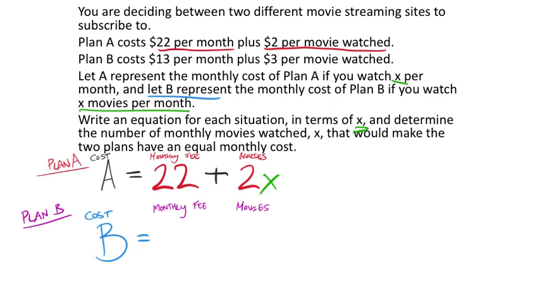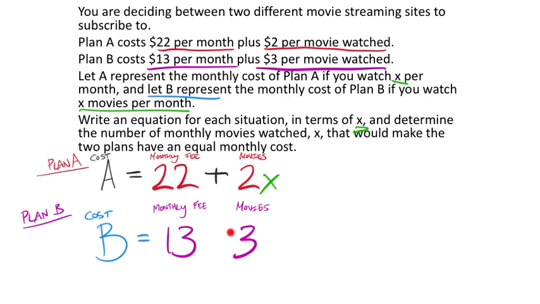Okay, so this one, a little bit different because they say, look, our monthly fee is only $13. Okay, well, there's $13 to pay right up front. And again, that means if you watch 0 movies, you're still going to pay them the $13. Okay, that's just a monthly fee. But then for movies, it says you're going to pay $3 for every movie. So see, they're charging more for every movie, but they're charging a lower monthly fee.